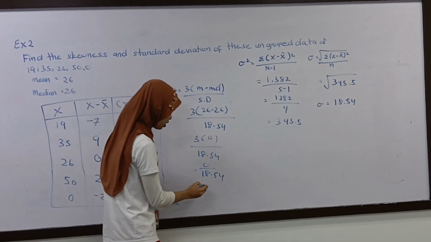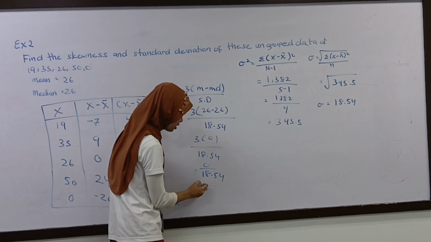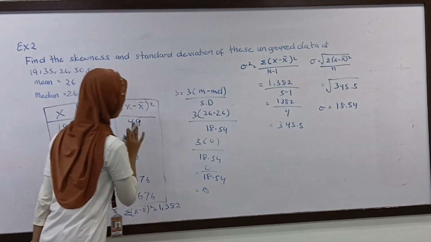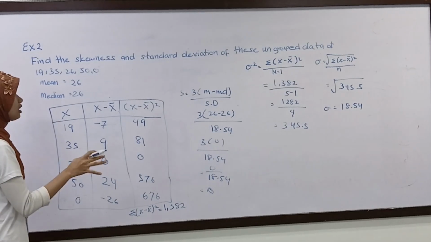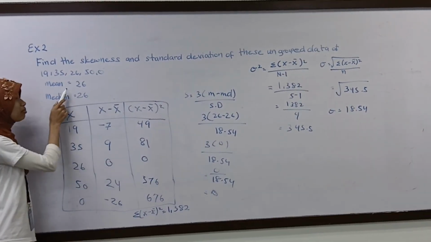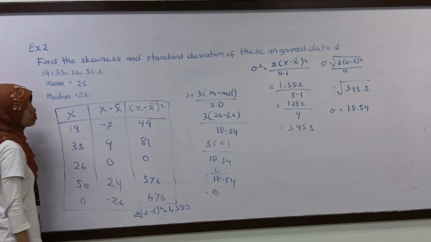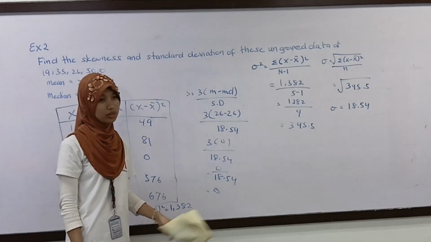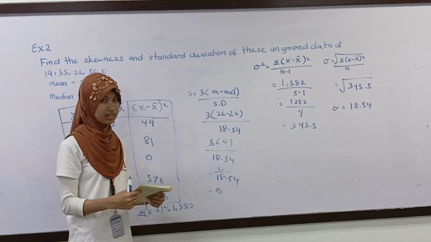And as you can see, it means that it is normally distributed. In a normal distribution, the mean, median, and mode are equal. As you can see, the mean and median here are equal. So the skewness on this is a normal distribution, or zero skewness.